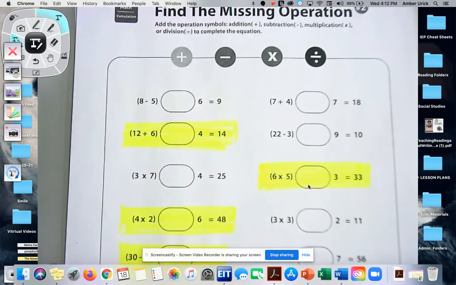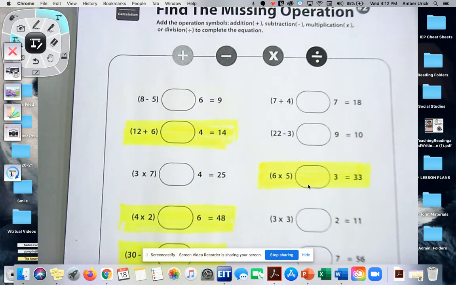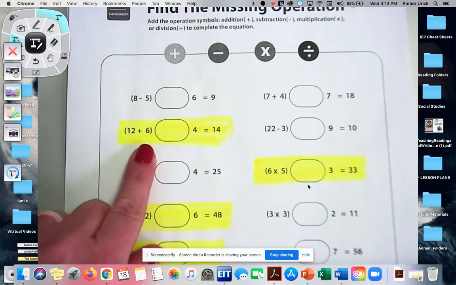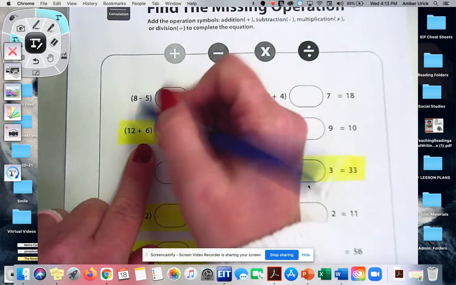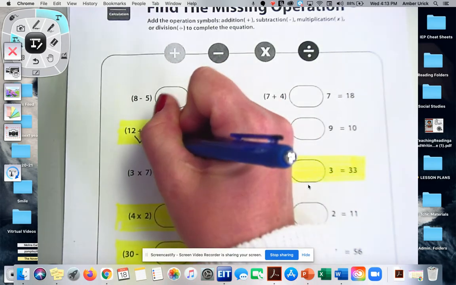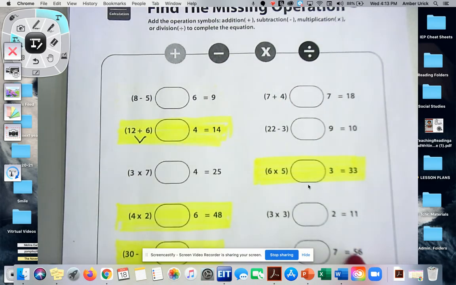We have to figure out what the missing symbol or missing operation is. So I can't do that yet till I solve the rest of the equation to see what may be missing, right? So I see the parentheses. I call it, grab and go. I'm going to grab and go.